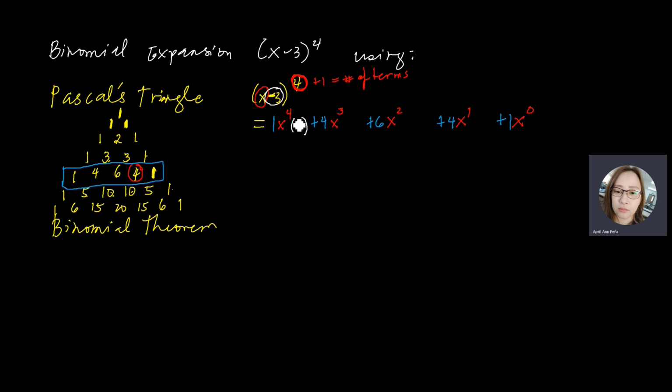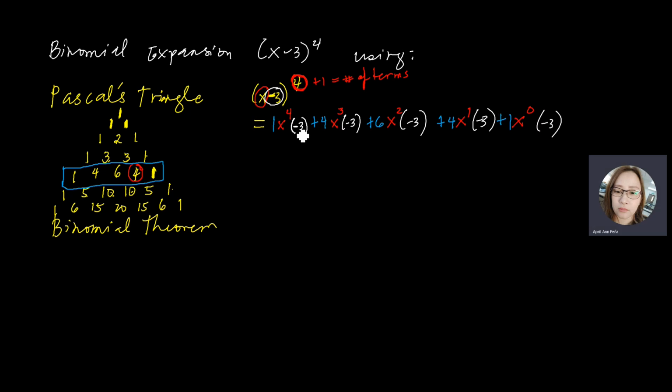Do not forget to enclose the -3 in parentheses. Because if it is together with this x here in our solution and with the coefficient 1, it means the operation is multiplication. So do not forget the parentheses. So -3, -3, -3, and then -3.